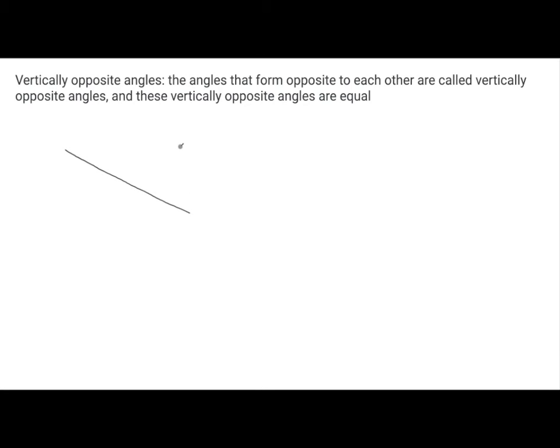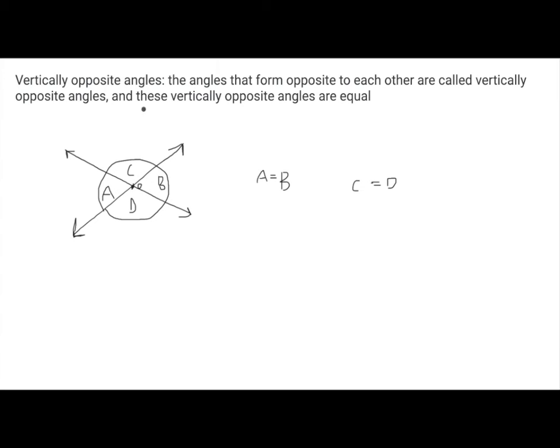So, for example, if we have two lines which cross like so, this here can be point O, and let's name the angles here A, B, C, D. We know that A is going to equal B, and that C is equal to D. Since, as they're vertically opposite, they're therefore vertically opposite angles.